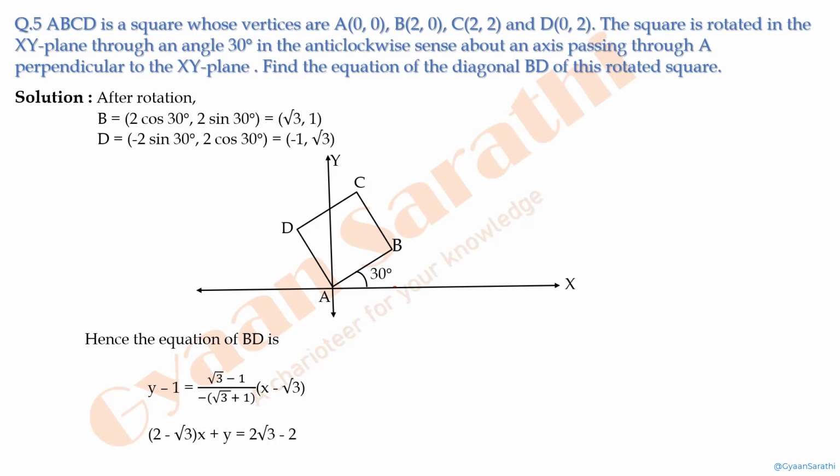This was point B, and it is rotated 30 degree in the anti-clockwise sense. It was (2, 0), and this is the new position of B. This is the old position of B.